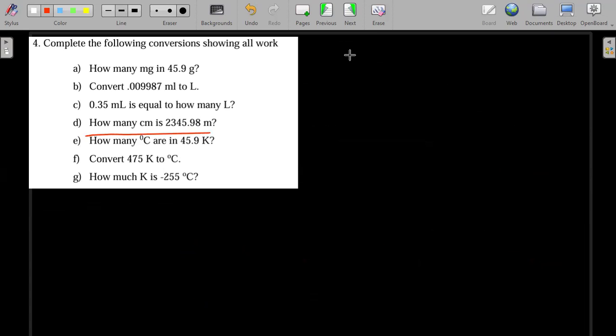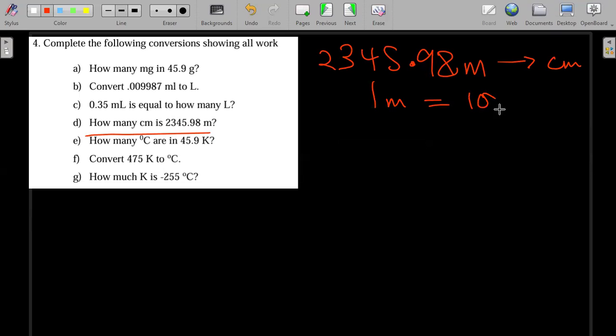The ones for Kelvin are simple, but let's try to do this one here. So I have 2345.98 meters. I want to convert this to centimeters. How can I do that? I know my conversion factor is just 1 meter is equal to 100 centimeters.